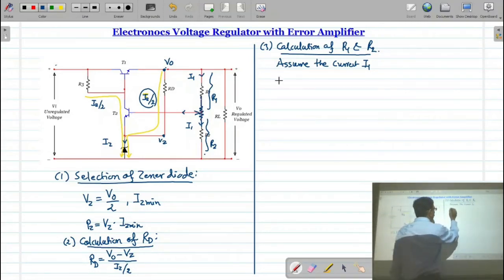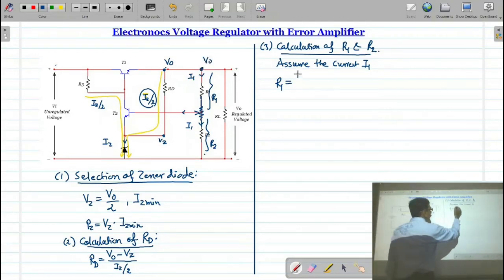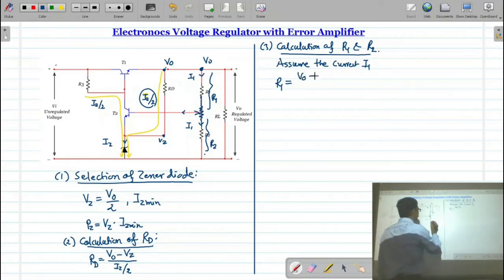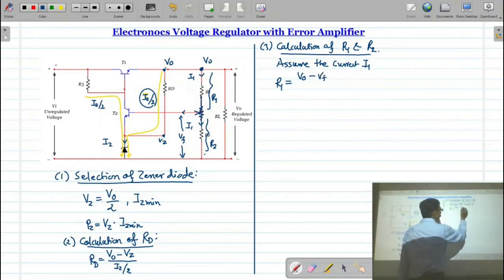Now how can we calculate R1? R1 is voltage divided by current. So what is the voltage at this point? It is VO, correct? Minus, what is the voltage at this point? That is my feedback voltage, so the potential at this point is VF. So (VO minus VF) divided by I1.